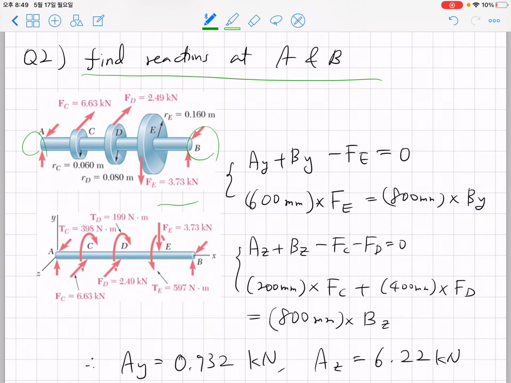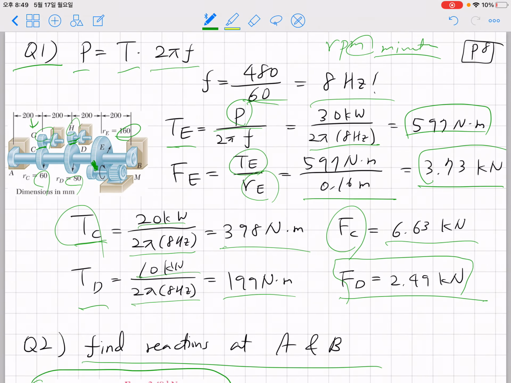This free body diagram shows how the forces are acting. You can see that because the motor is rotating here, this motor is pushing this gear downward.